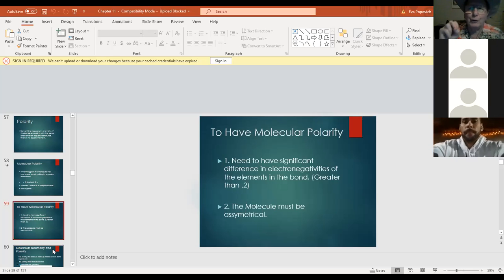So you have to look at the Lewis dot structure you've drawn. From that, you have to turn it into the VSEPR model to see how that particular molecule looks in space. If it is asymmetrical and if it has polar bonds, you have a polar molecule. If it doesn't have polar bonds, not a polar molecule. If the molecule is symmetrical, not a polar molecule.